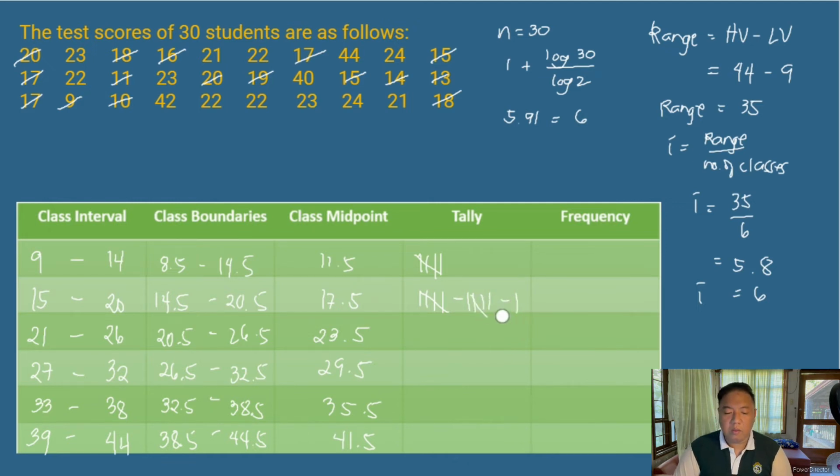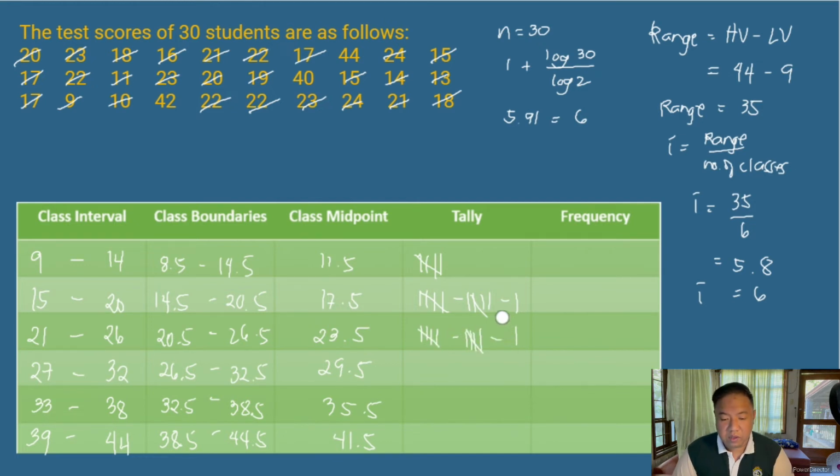How about the numbers from 21 to 26? So 1, 2, 3, 4, 5, 6, 7, 8, 9, 10, 11.